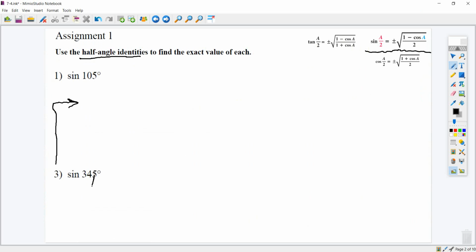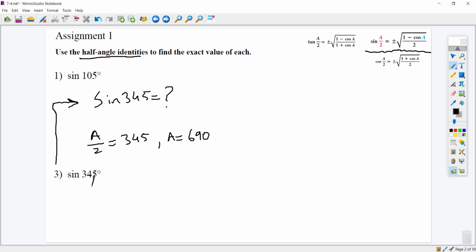Looks like it's gone. Alright, so question 3 is about sine 345. To find this one, we need to know that sine A over 2 is again the formula that we are using. So A over 2 here is 345. That makes A, if you multiply both sides by 2, 690.